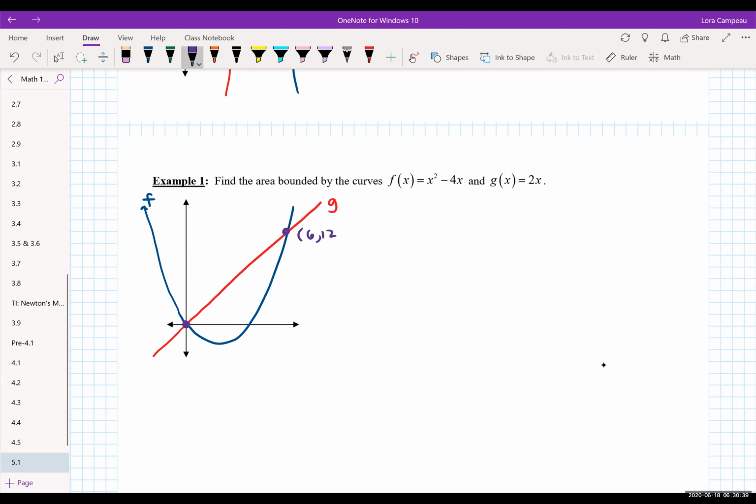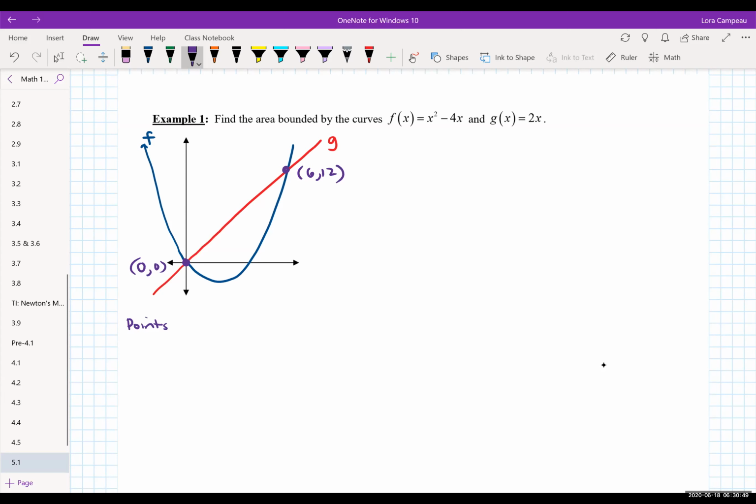But just in case your professor takes your calculator away from you, which happens sometimes, if we want to talk about the points of intersection analytically, they occur when your f of x values are equal to your g of x values.